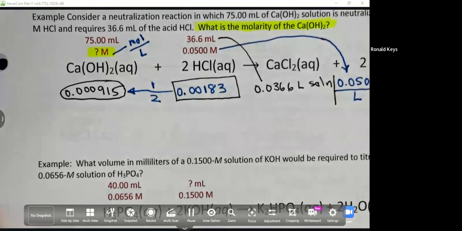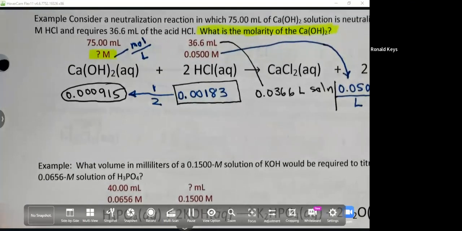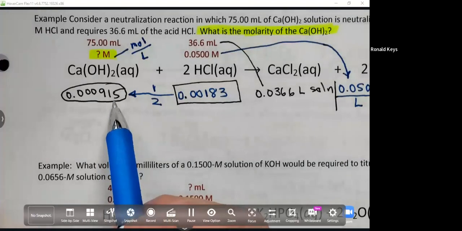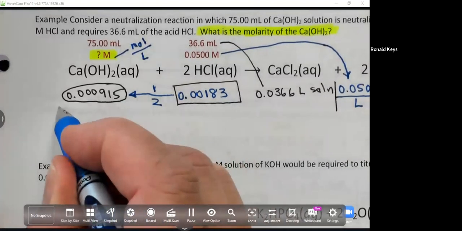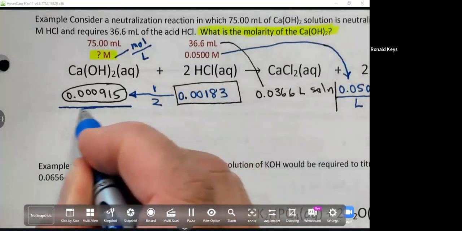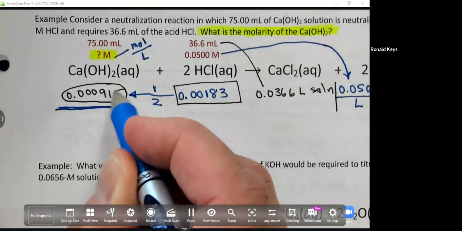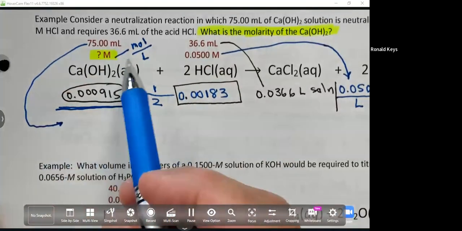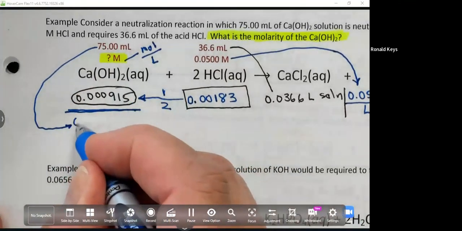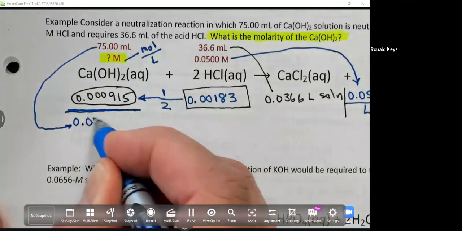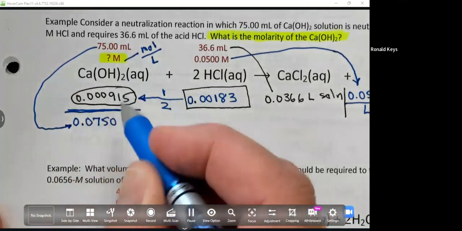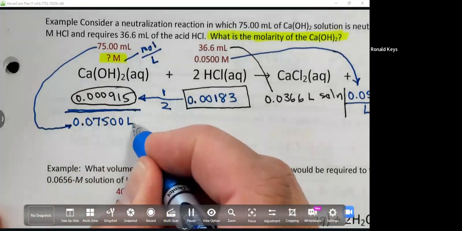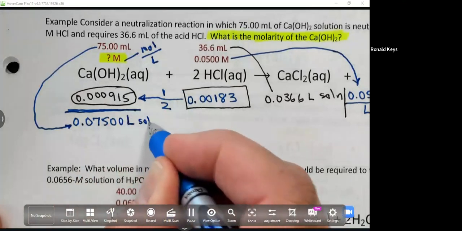And I need moles over liters, right? This is moles. I'm just going to draw my line here. This doesn't have to look pretty. All we need to do is get moles over liters. There's my moles. This is my milliliters of solution. We're going to change this to 0.07500 liters of solution.